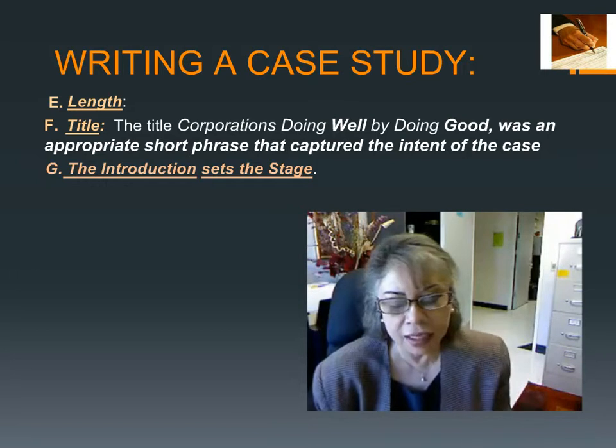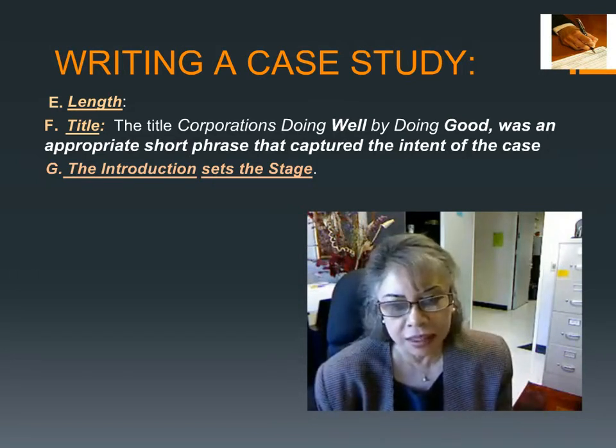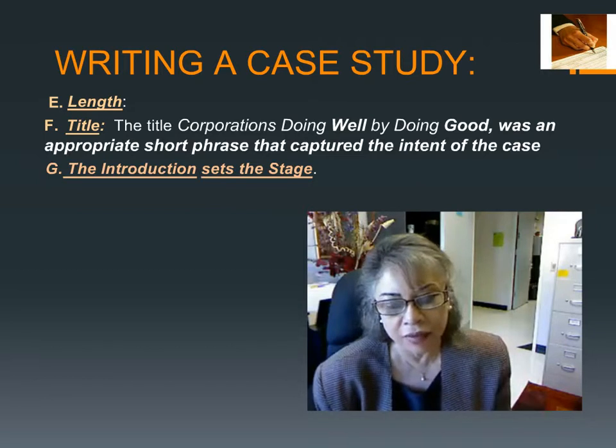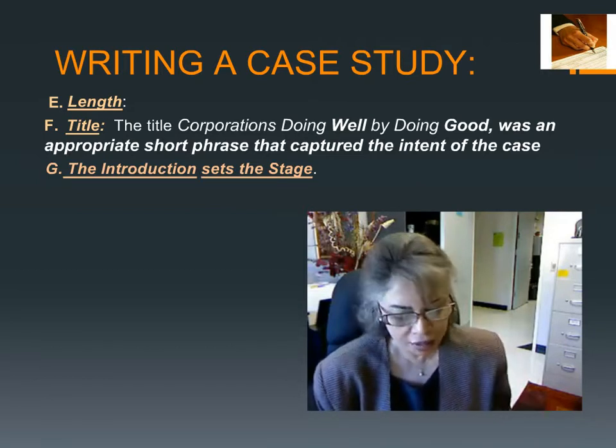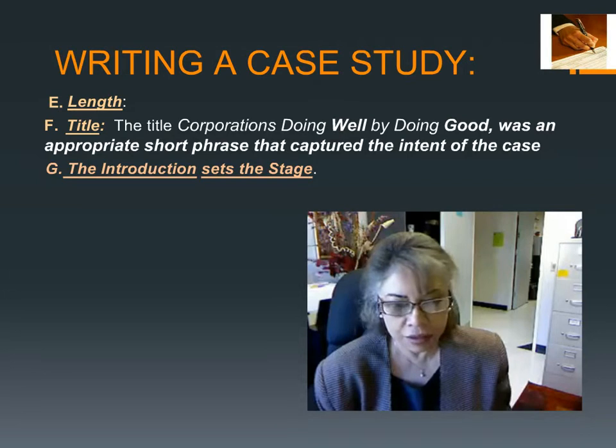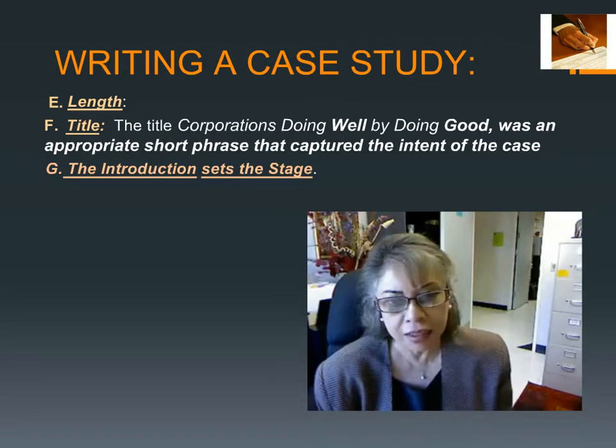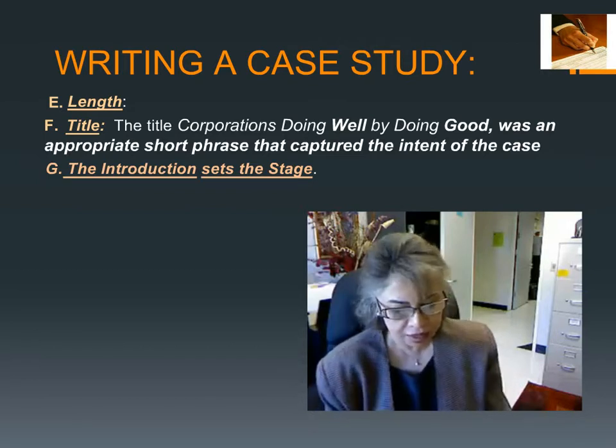The title, I like the title to describe what it is we are studying. I don't like to have ambiguous titles, so I thought the title, again, Doing Well by Doing Good, emphasizes the corporate social responsibility and the profit motive also of these benefit corporations.